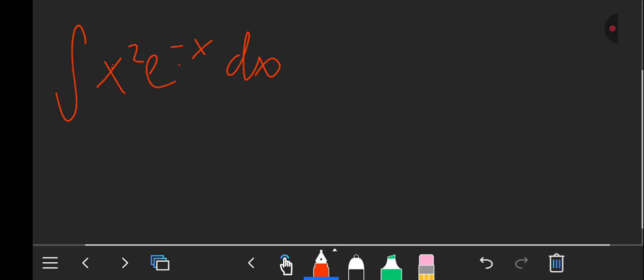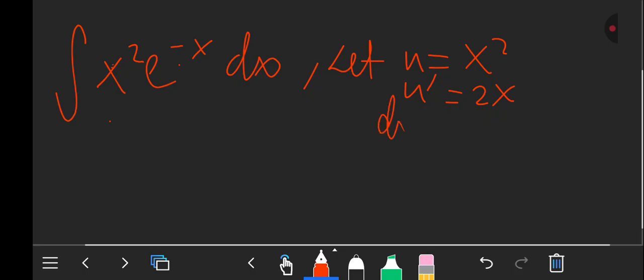So I'll need to find my u. I'll say let u be equal to x square, then the derivative of u will give us 2x, then let dv be equal to what remains, which is e to the power negative x dx.